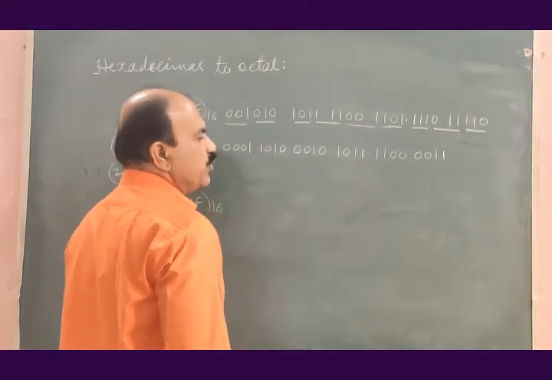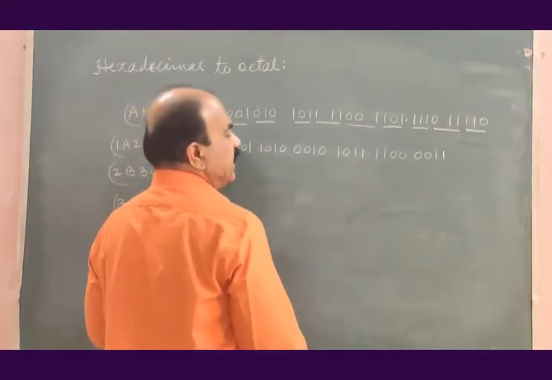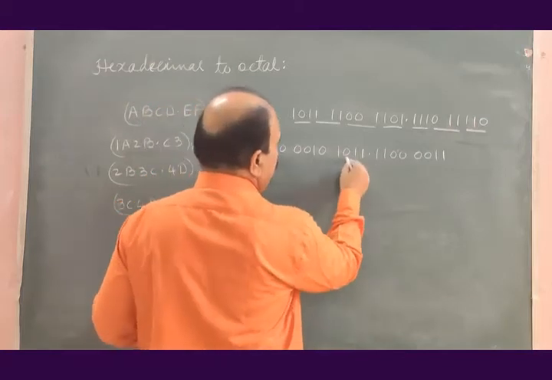Now start regrouping into groups of three bits from the binary point.